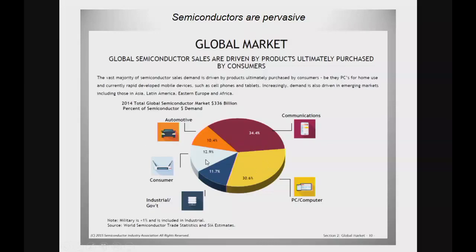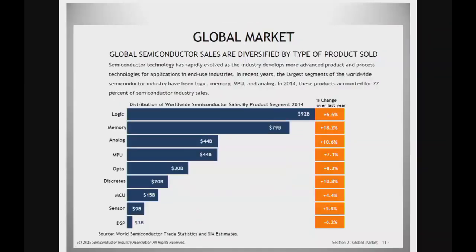Consumer products, so smart toasters, smart house, all that sort of stuff. And industrial stuff, which is sort of defense technology and so on. Again, these figures are a little bit out of date. This is 2015, but I just looked up the 2018 figures.